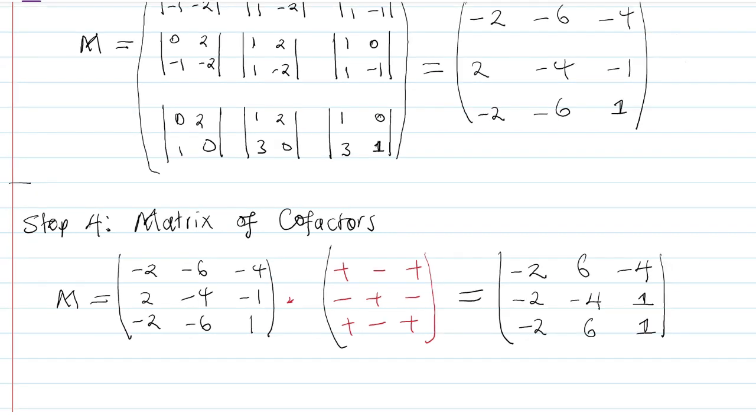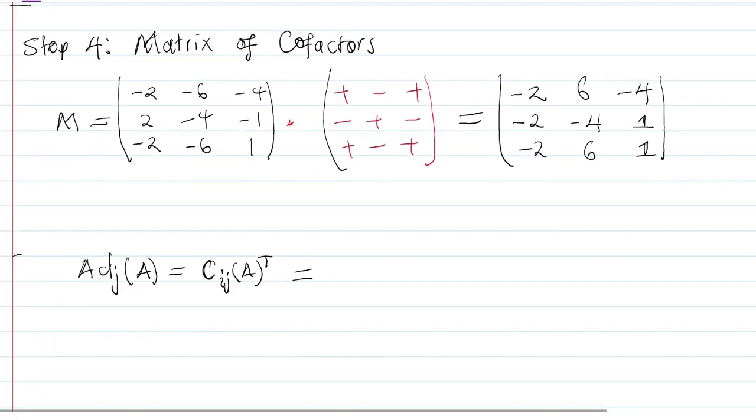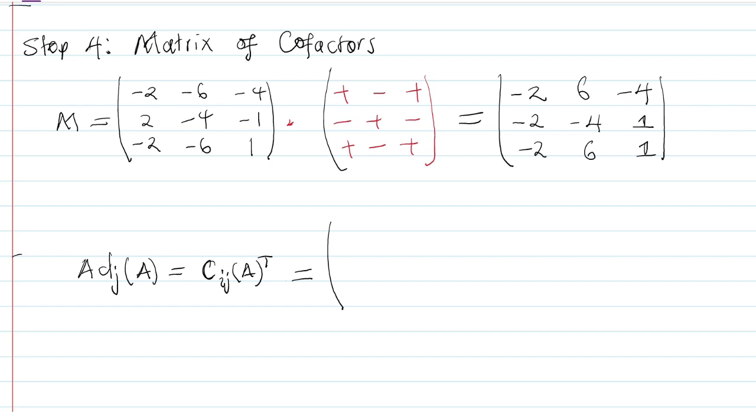Having found the matrix of cofactors, we are going to find the adjoint. The adjoint is just the transpose of the matrix of cofactors. So we transpose this matrix, which is 2, -2, 6, -4.